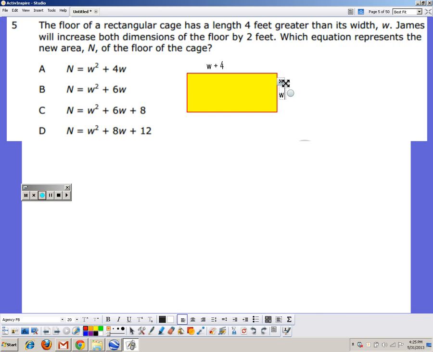They tell you that James will increase both dimensions of the floor by 2 feet. So they want you to add 2 feet to both sides.